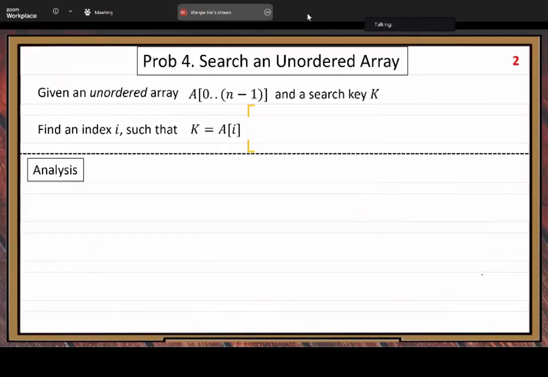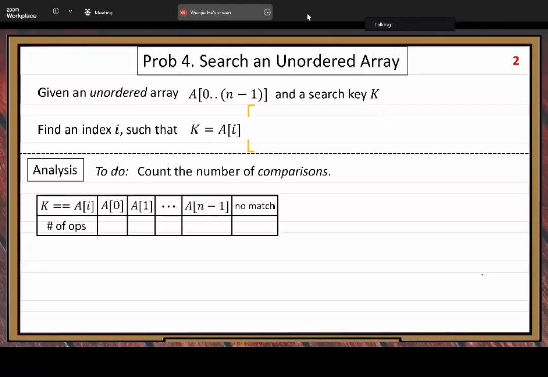To do this, we need to count the number of comparisons. But there are many cases. In this chart, we list all the possible cases, including the last one, the no match case.